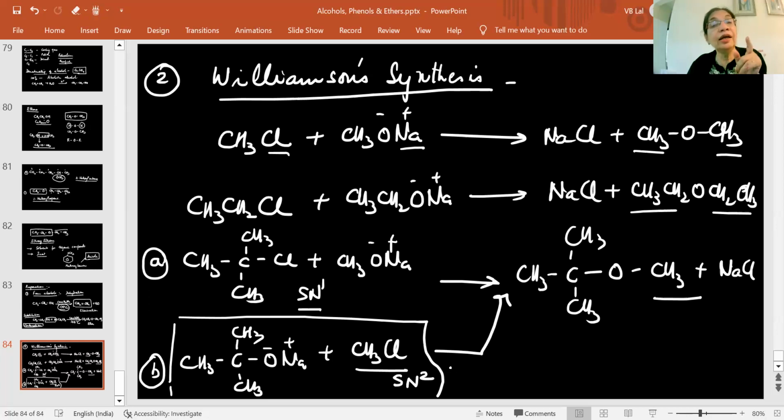Primary alkyl halide and tertiary alkoxide. Did you understand this properly or not? Okay, so if I prepare a mixed ether, on one side it is tertiary, on the other side it is primary, then the tertiary will not be the alkyl halide. The primary will be the alkyl halide.